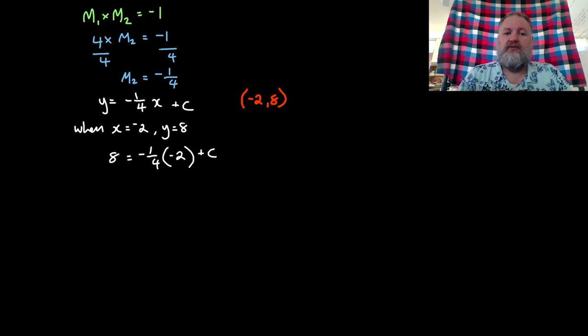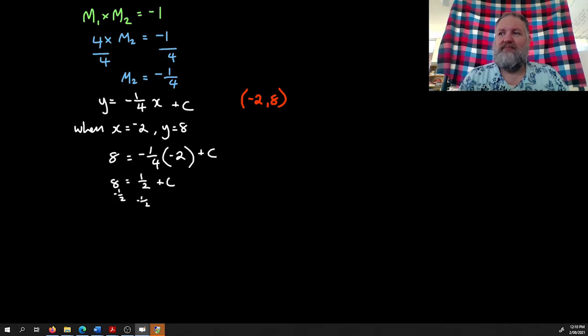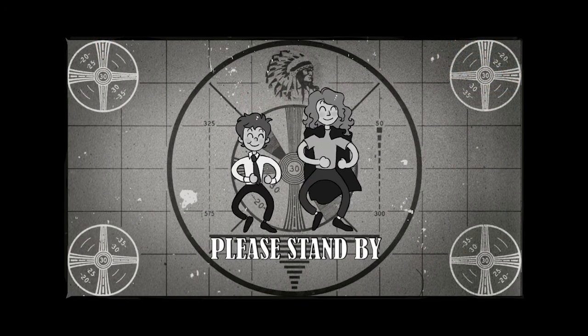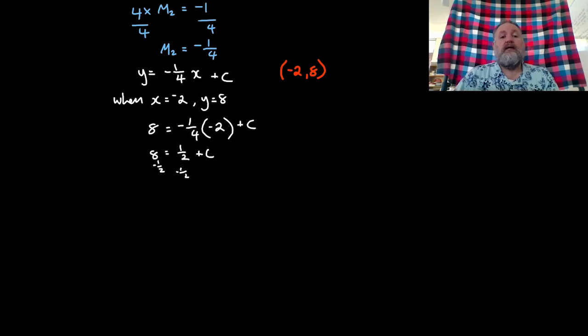So I substitute those things in. I then get c by itself. I multiply -1/4 by -2 and get 1/2. Oh, my board just crashed. Oh dear. I am going to take 1/2 from both sides so I can get c by itself, and I find that my value of c is equal to 7.5.